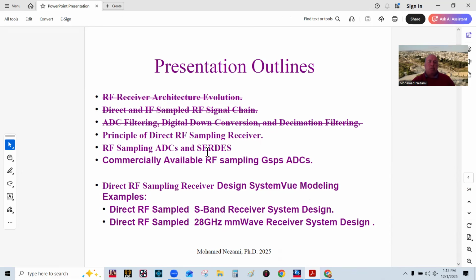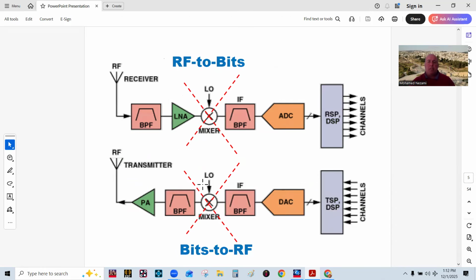Then of course, we're going to survey the ADCs and look at the current state of the market. Finally, I'm going to look at two examples today just to overview. But really, going deep into the receiver front-end design is what's going to happen in the third, fourth, and fifth parts that I'm looking forward to creating.